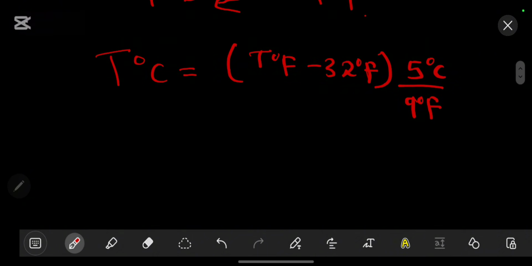Then if you want the temperature in degrees Fahrenheit, you can make the degrees Fahrenheit the subject of the formula by doing this.